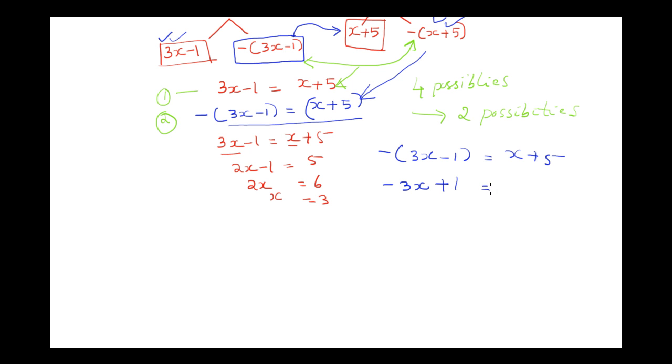Now you subtract x from both sides. Here x disappears on the right, and you get minus 4x on the left. You subtract 1 from both sides, then you get 4 on the right. Then x becomes minus 1.